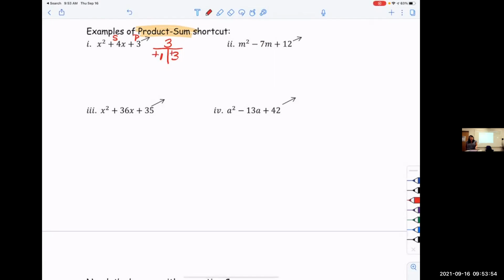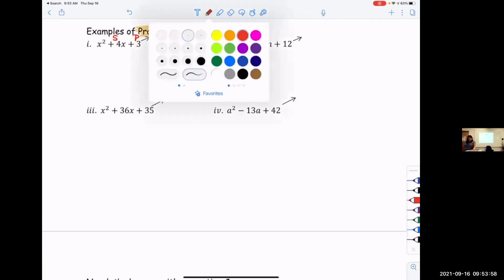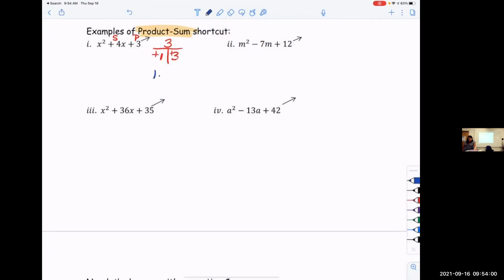So this is how you check it. And most people check it in their head, but I'm going to write it down so you see what's going through my head. 1 times 3 is 3. 1 plus 3 is 4. Multiply to get this, add or subtract to get this. It checked, right? So I'm ready for my answer now.